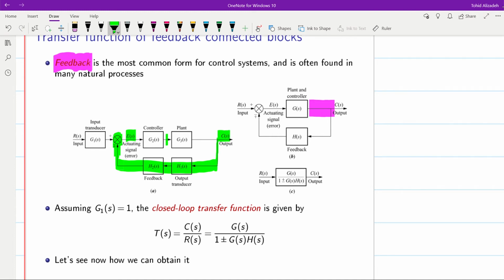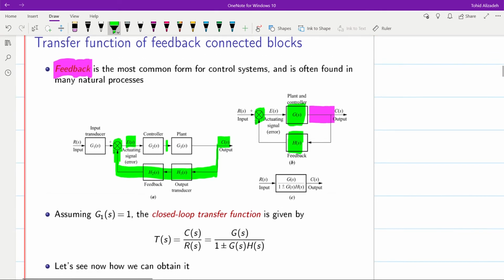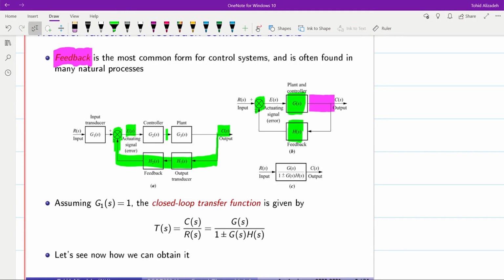In a simplified example here, we have only two blocks, G of S and H of S. G of S is in the feed forward pass and H of S is in the feedback pass. And we have the summing point here. And the idea over here is indeed to combine these two with each other and end up with a single block.